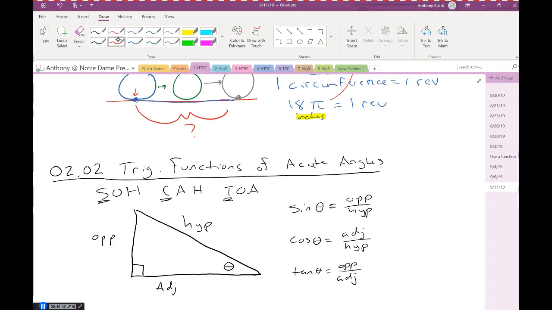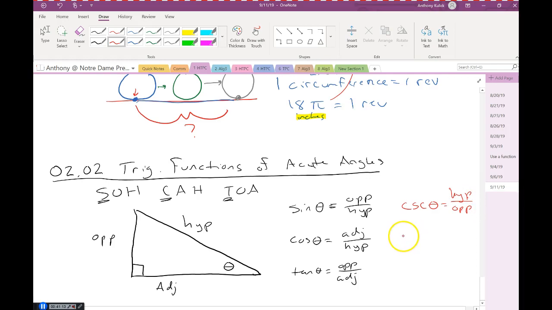We also, in this course, are going to be concerned with 3 other trigonometric functions. These are referred to as the reciprocal identities. The first one is cosecant, abbreviated CSC, which is hypotenuse over opposite.